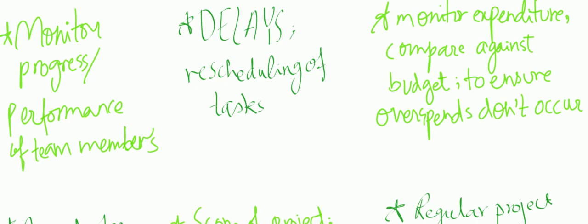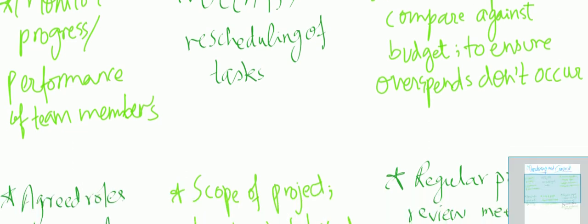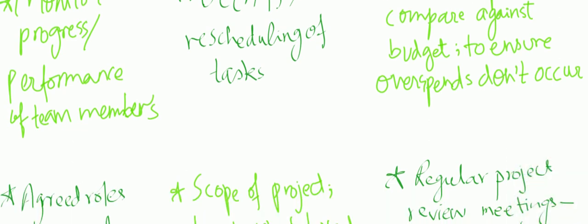So you need to ensure that there are no overspends occurring and that the plan that you made for your budget is being followed. And if it's not, you need to control some aspects of it. You need to control some variables so that whatever you're spending is very similar to what you planned as your initial budget.